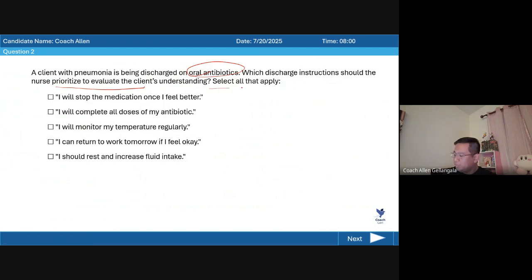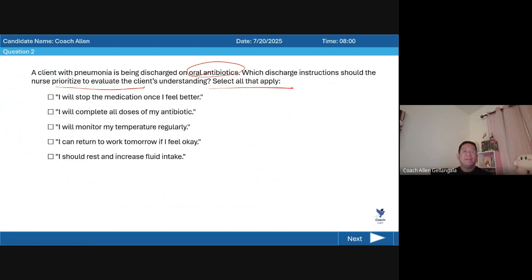So essentially, this question is asking which of the following choices are indicators of effective learning and understanding of oral antibiotics. Okay, so let's now do this question.